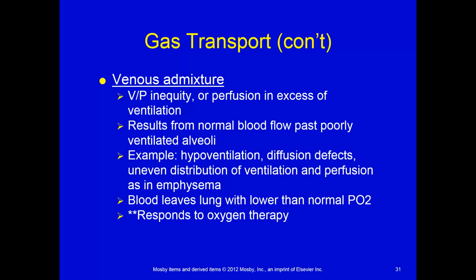So that being said, would this mismatch respond to oxygen therapy? Yeah, because there's really structurally nothing wrong with this relationship. It's just that there's decreased oxygen coming in because someone's hypoventilating or there's some other problem with them getting oxygen in. Good. Hope those make sense to you.